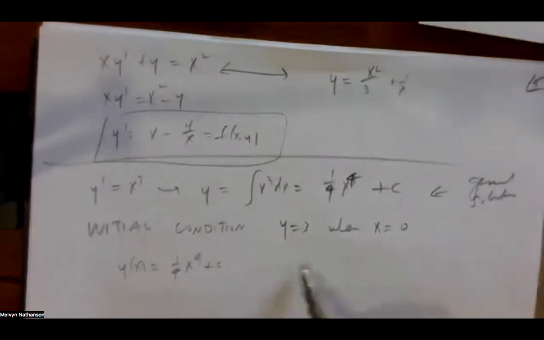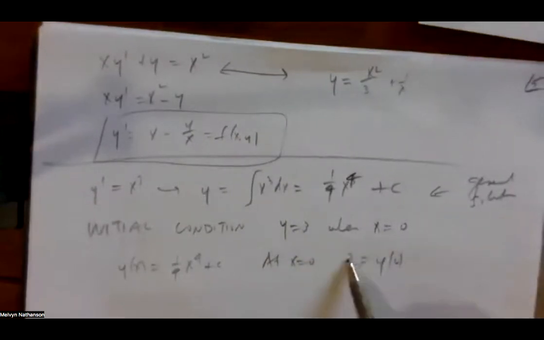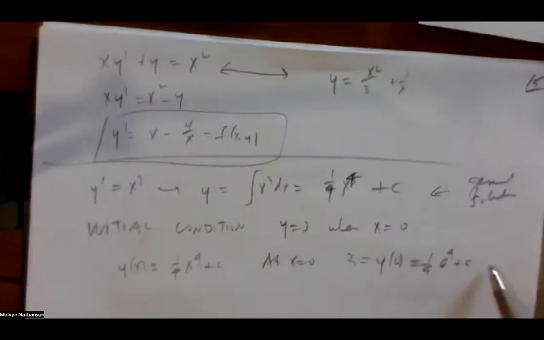If you let x equal 0, y of 0 is supposed to equal 3. So that's 1/4 0 to the fourth plus c. This is just 0. This is c. So c equals 3.